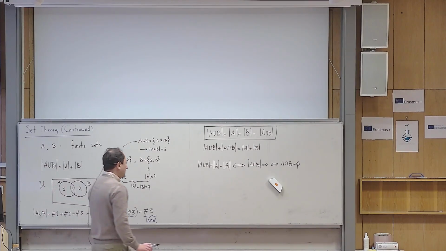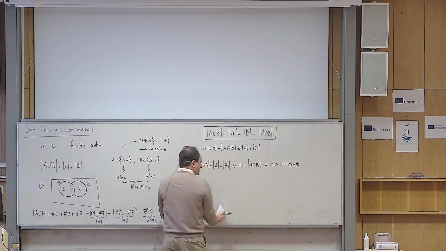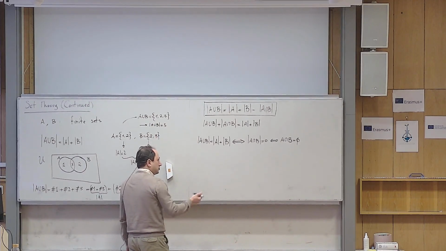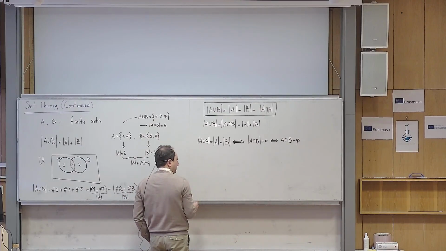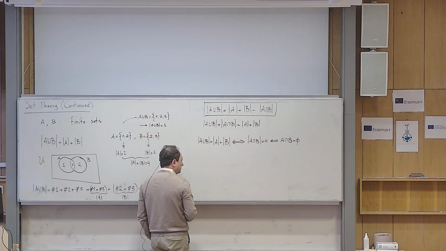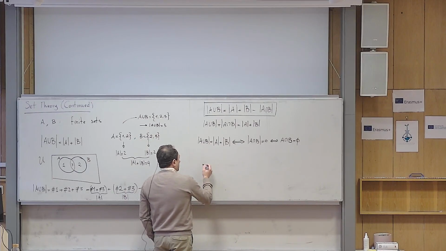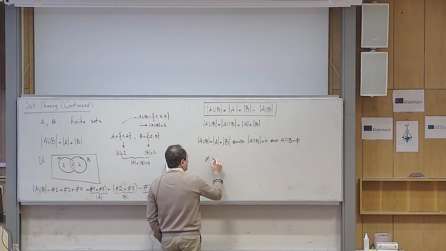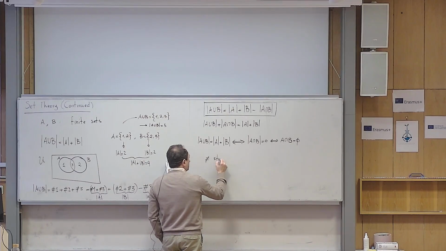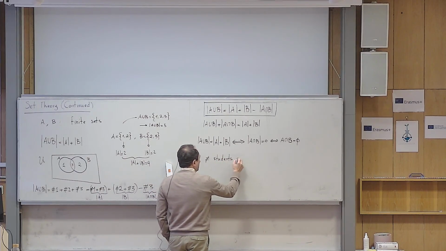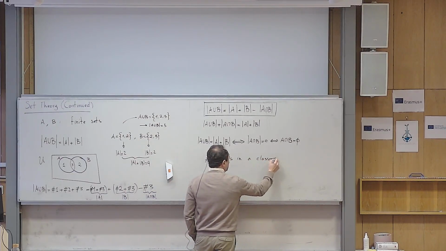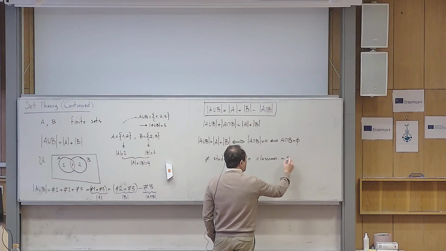Okay, so for example, let me give you these types of word problems you need to be good at, but they are very simple. For example, let me say that we have a classroom. In a classroom, the total number of students in a classroom is, let us say, 30.